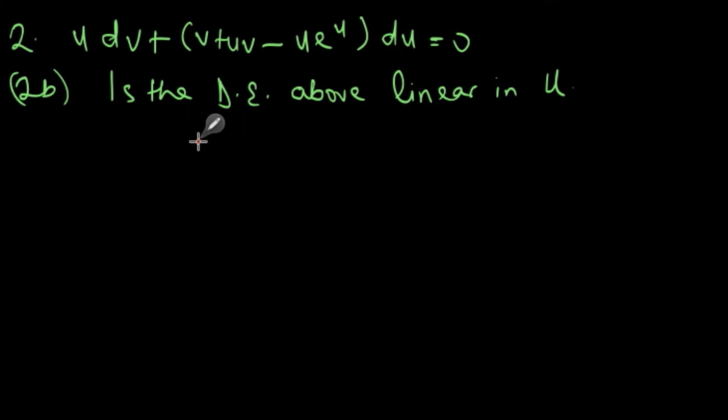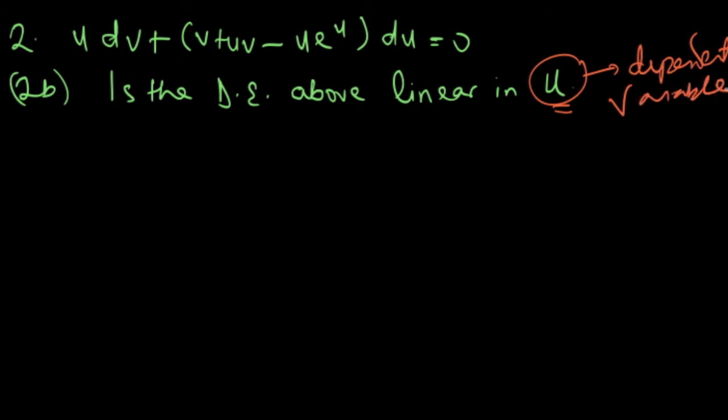Now for the second question, we're still using the same differential equation, but you're told to check if the differential equation is linear in U this time around instead of V. To check if it is linear in U, we are going to treat U as the dependent variable while V now becomes the independent variable.